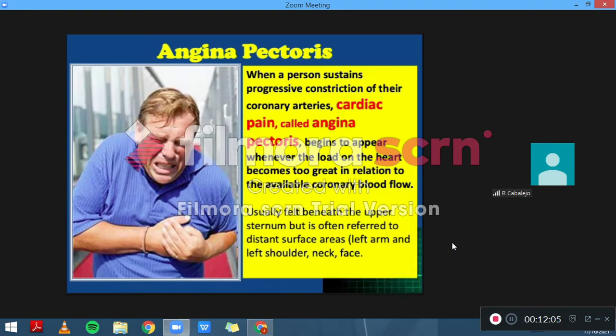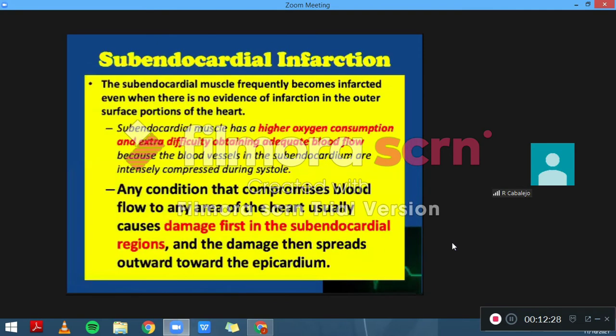The reason for this distribution of pain is that during embryonic development, your heart originates in the neck, as do the arms. Therefore, both the heart and these surface areas of the body receive pain nerve fibers from the same spinal cord segment. So you refer to that as referred pain of cardiac origin, or referred angina.